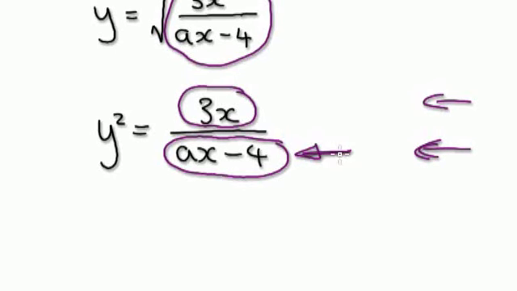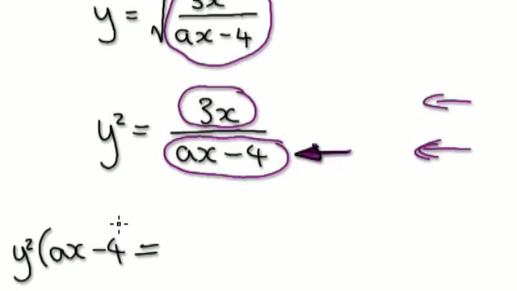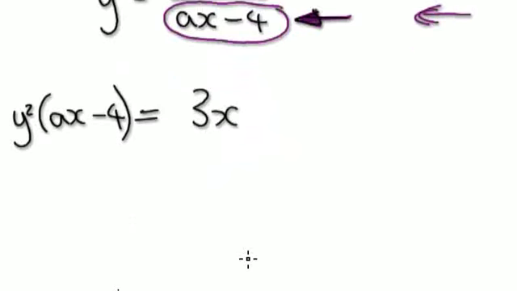When you get rid of the bottom bubble, you're going to have one layer. So times both sides by this bottom bubble here. So it would be y squared bracket ax minus 4, close it off, and equals 3x.